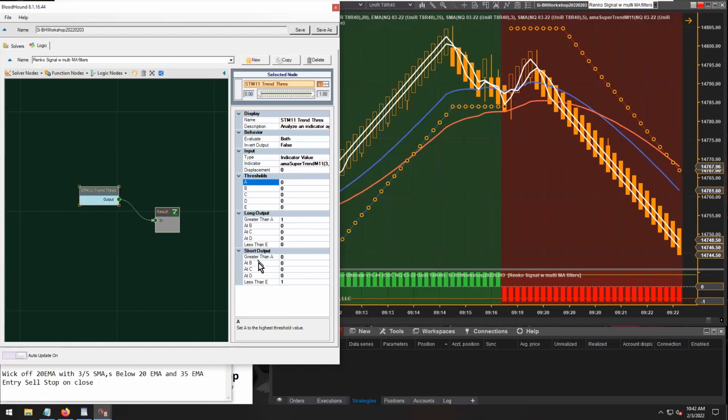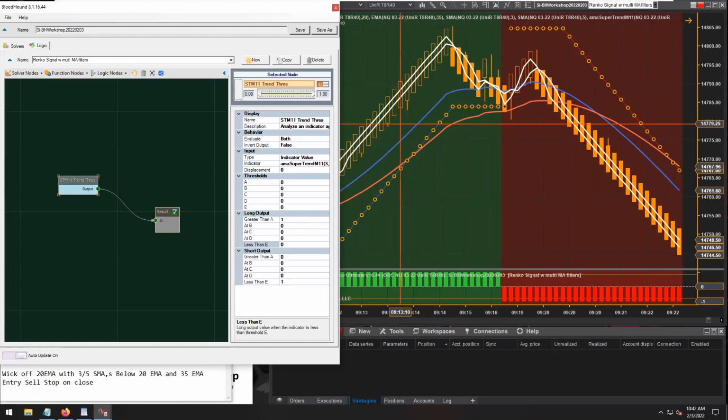And then for the short output, we're using less than E, and again, E is 0. So -1 is less than 0. And so that's what we want. We want to identify the -1 when that trend equals -1. All right, so there we go. So straightforward, using the indicator's own trend.